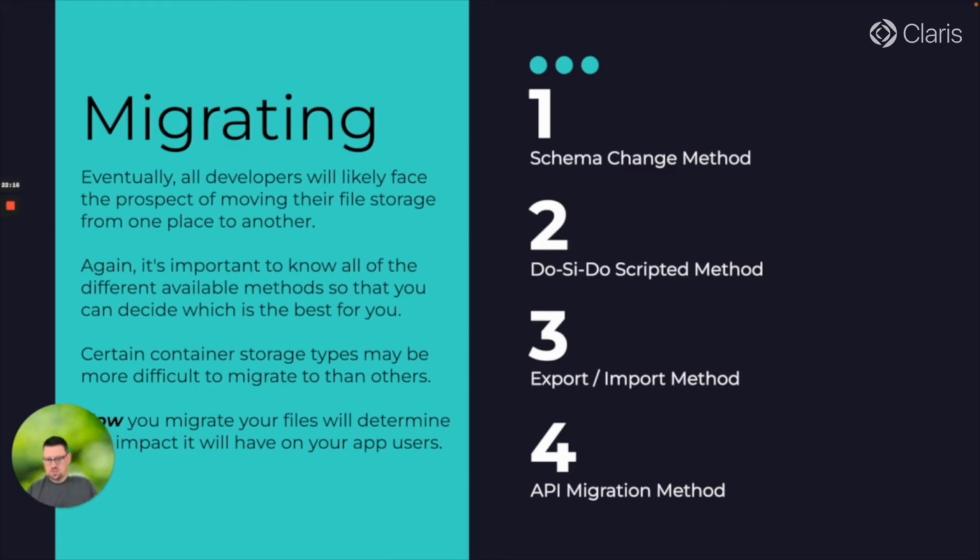Now this usually works pretty good if maybe the schema change method isn't working for you. But this can also have its drawbacks. If you're dealing with a lot of container data, it's going to take a long time to import that data back. So again, try to do it on the same local network that your server's on so that it can go as quickly as possible. Kind of eliminate the network lag as being something there.